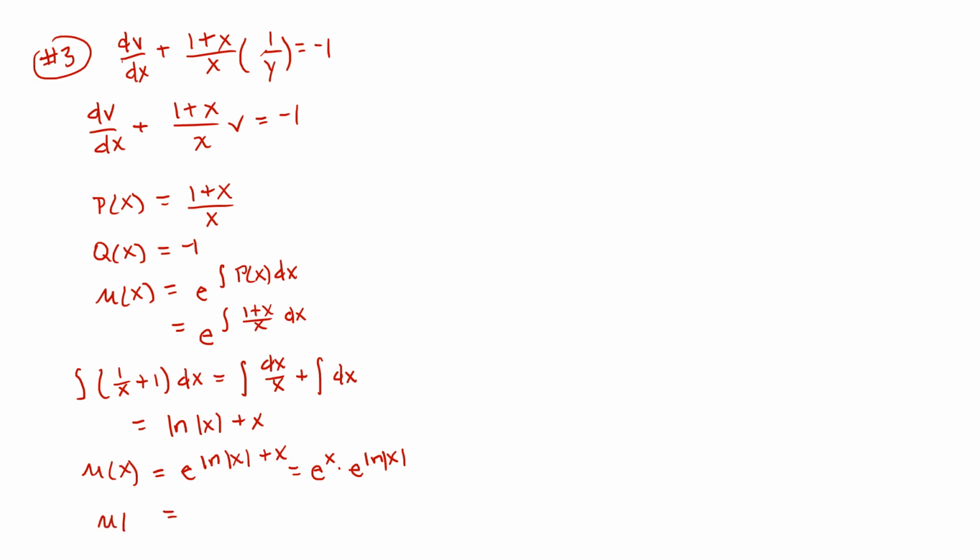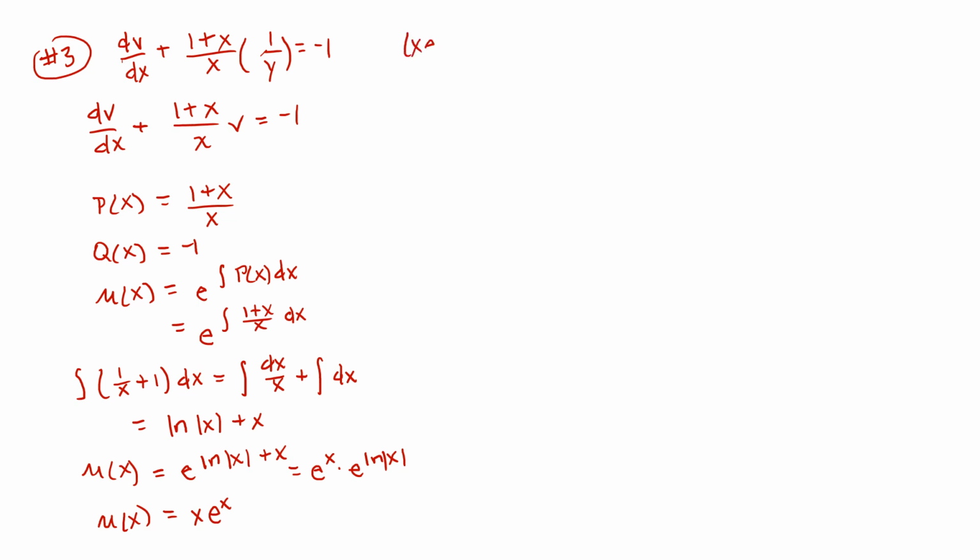So my integrating factor is x times e to the x. Okay. So now that I have my integrating factor, I'm going to multiply every term in my equation by my integrating factor.